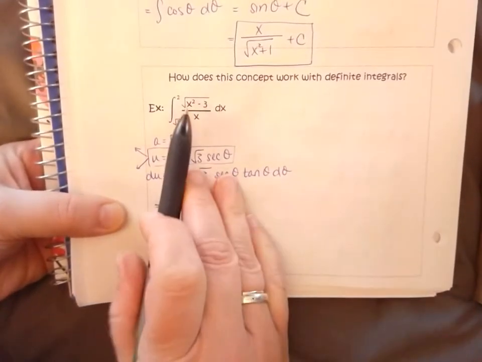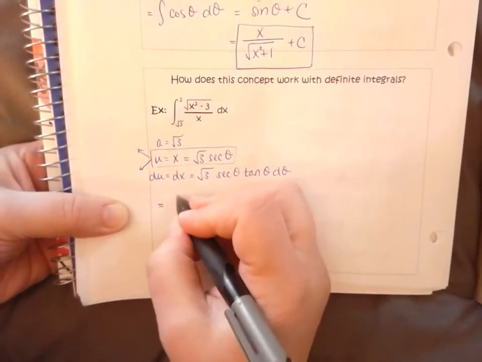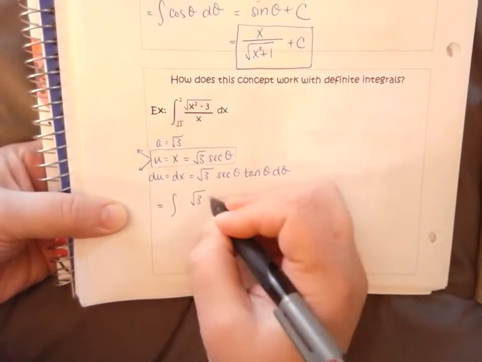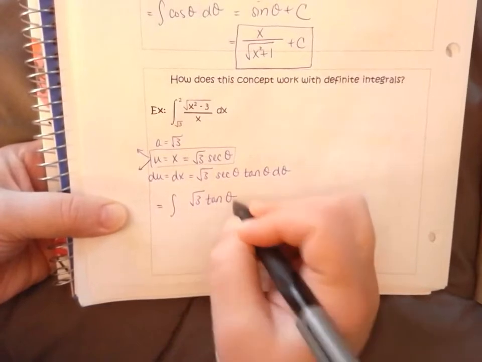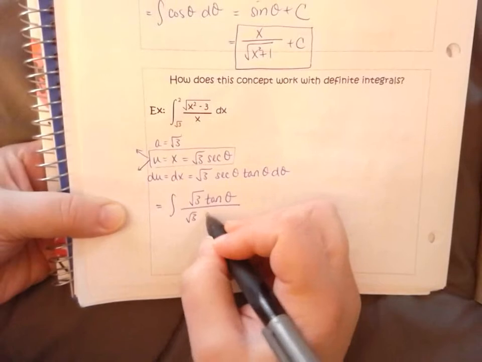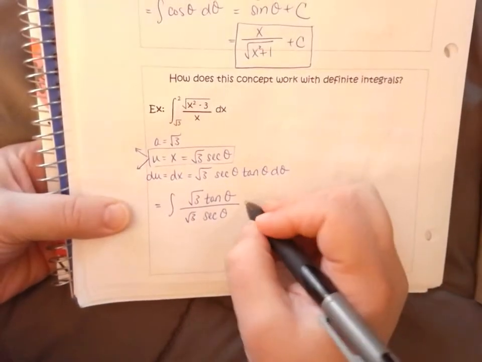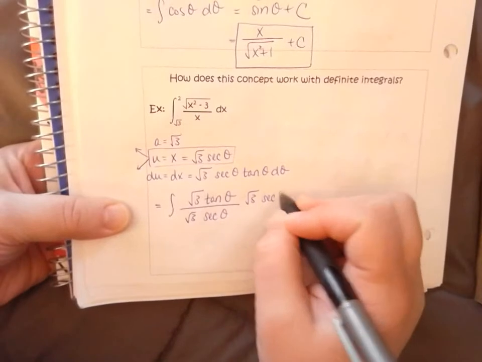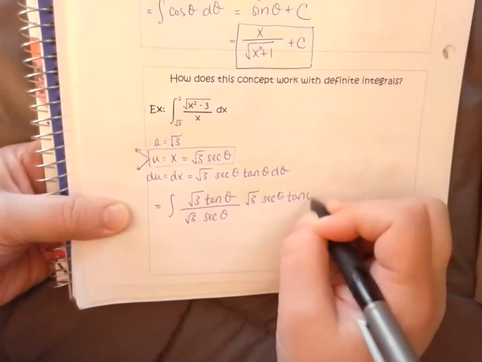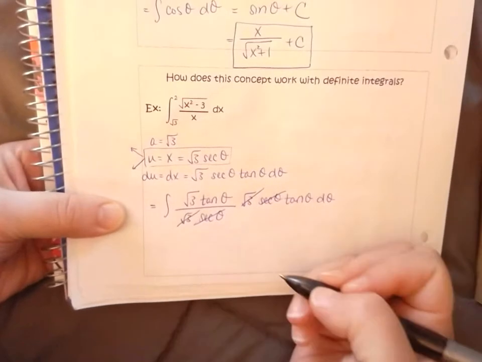So let's see. Square root portion of a secant is going to be a tan. X is square root of 3 secant, and dx is square root of 3 secant theta tan theta d theta. Okay.